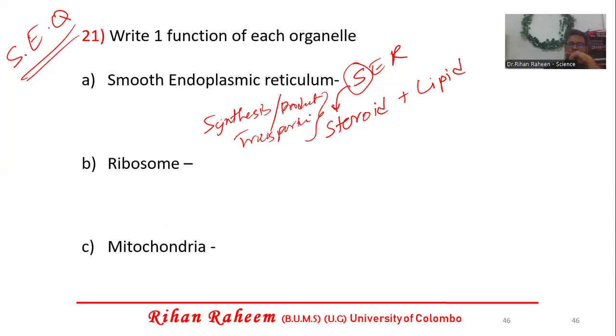Any answer can come: synthesis of steroid, synthesis of lipids, transportation of steroids, transportation of lipids. If this was rough endoplasmic reticulum, you can give protein, but here no protein. You can't put that, because here it's not the rough endoplasmic reticulum. Rough endoplasmic reticulum can produce and transport protein, but not the smooth one.